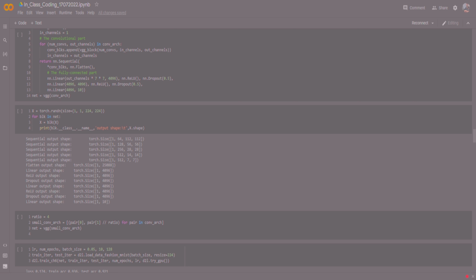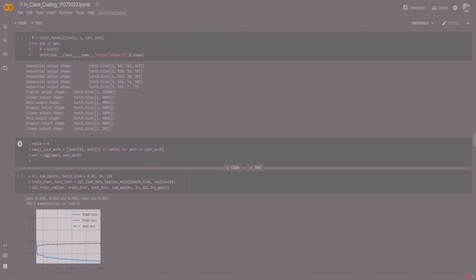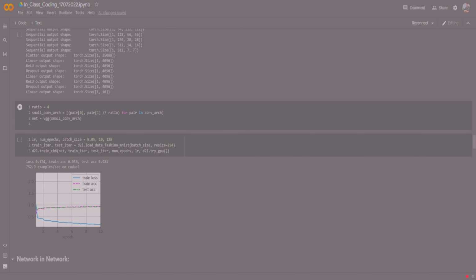Okay, that's what is happening over here, right? So then we have defined a ratio for that. As we move, we are reducing the structure, that's why.